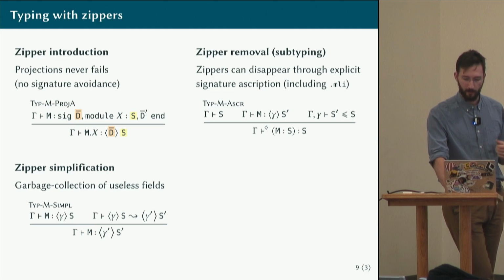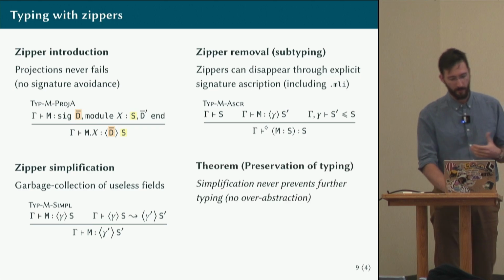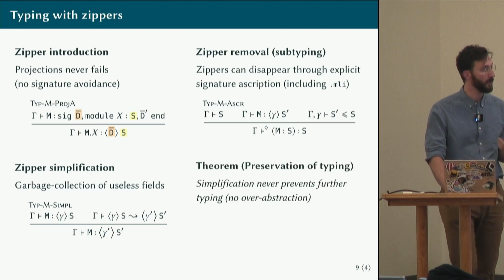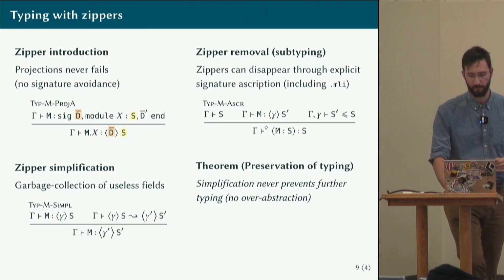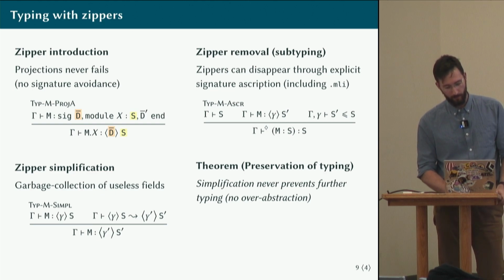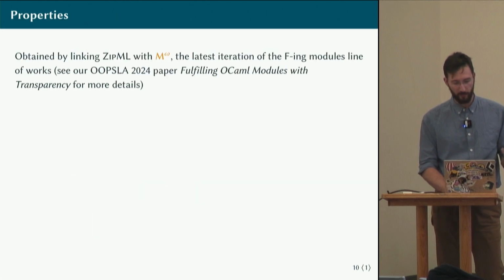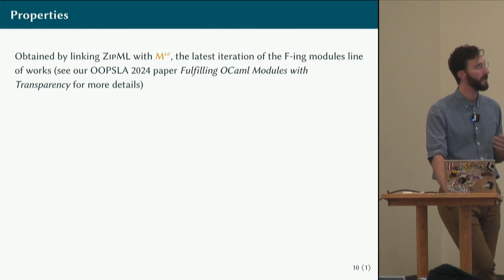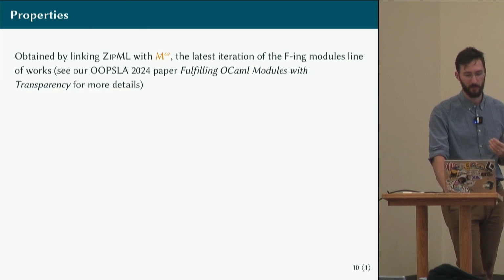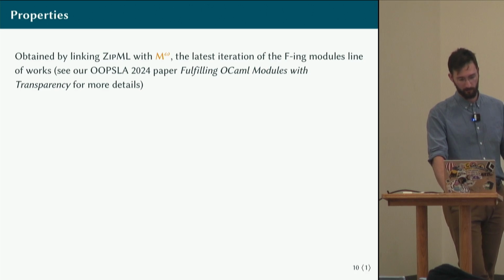And we also have a theorem stating that the simplification that we do actually never prevents further typing. So we never have this over-abstraction where we might lose visible type equalities. The main property of ZipML, of course, is soundness, and it's obtained by linking ZipML with previous works, especially M-omega, which you can find in the OOPSLA 2024 paper.